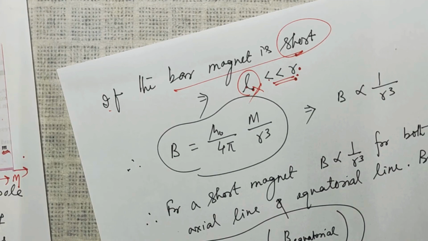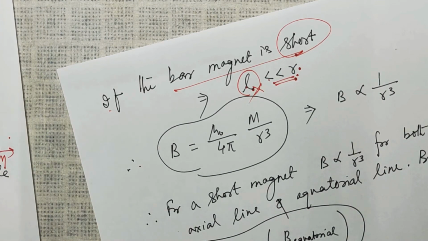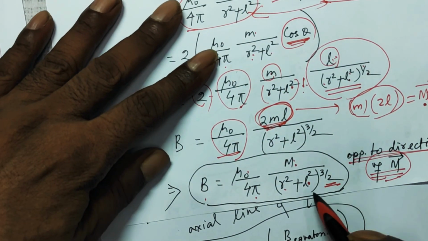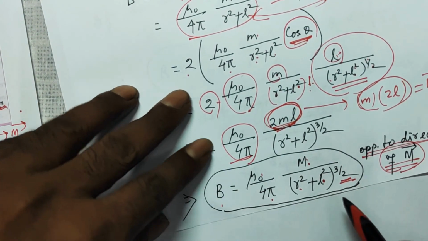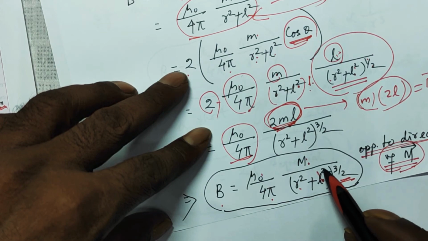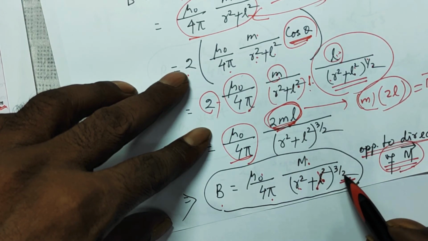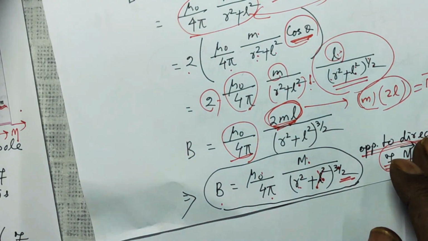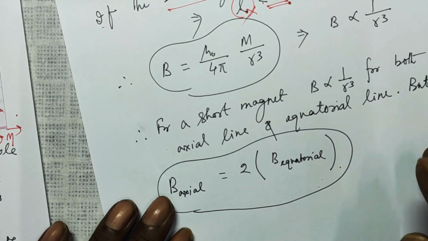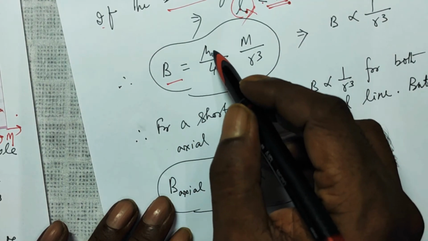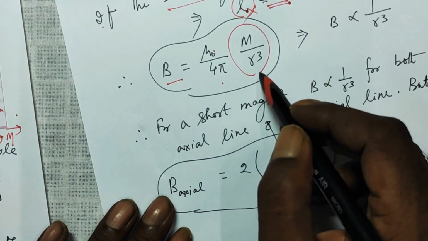In this expression, if you neglect L, this part is gone. R square to the power 3 by 2, the 2 cancels, so we are left with R cube. So if you neglect L, your B becomes mu naught over 4 pi, m over R cube.